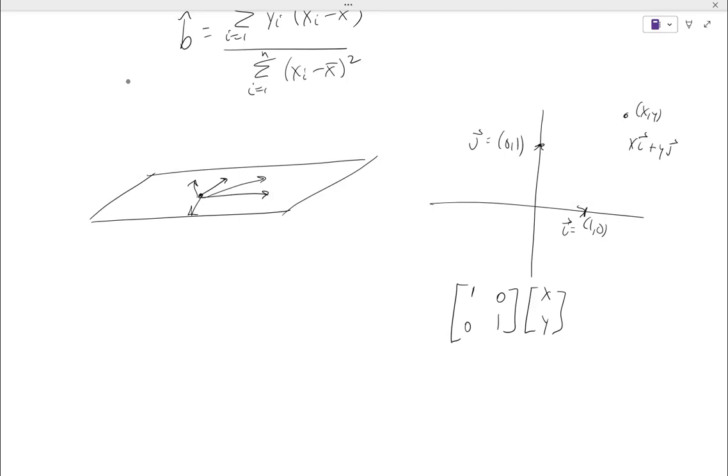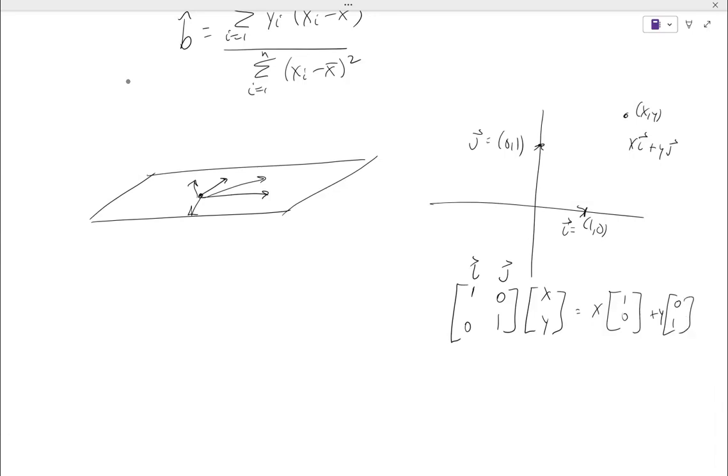If I make those into columns here, when I do this product, I get a linear combination of the columns. This column was your i column. This column was your j column. And if you put those together, you'd have your x times your i column, x times 1, 0, and your y times your 0, 1.